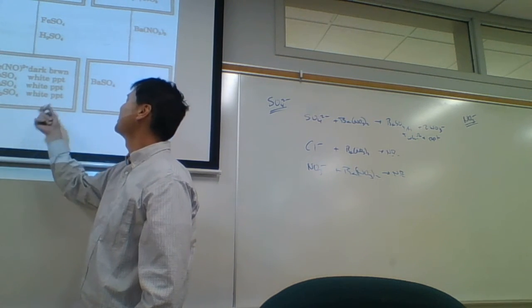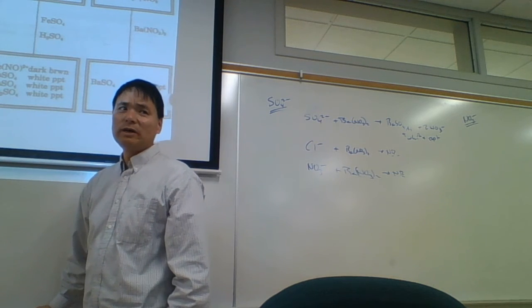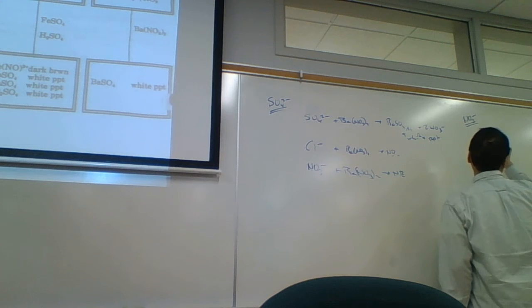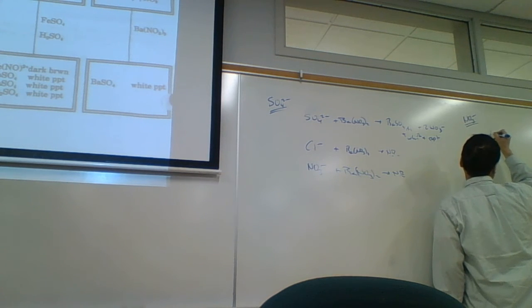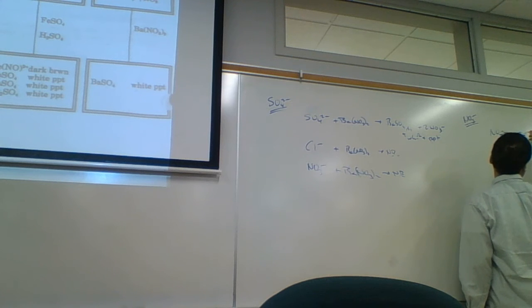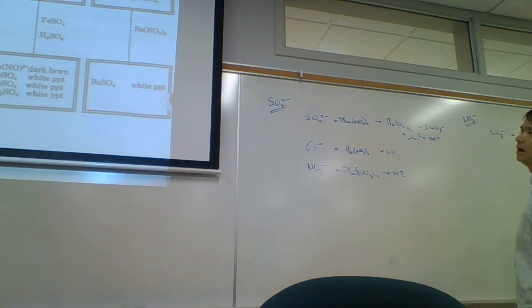And that something else we're going to use is a redox reaction. And the redox reaction is going to go like this. So if we have nitrate, we're going to try to react that with iron 2 sulfate. And so what's happening here?